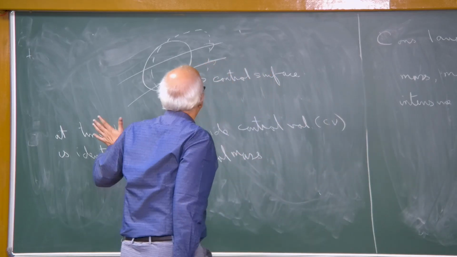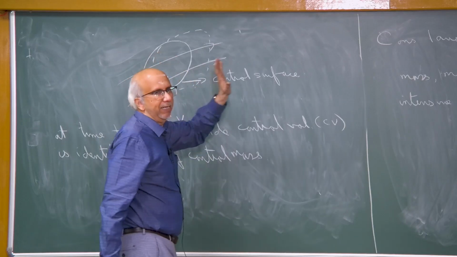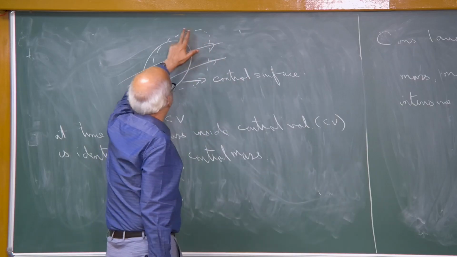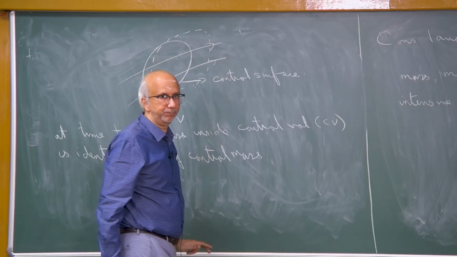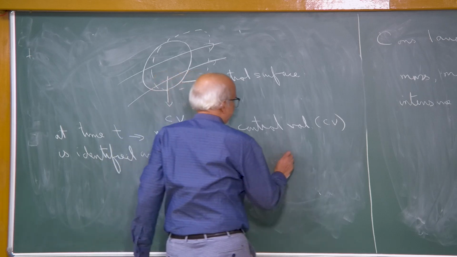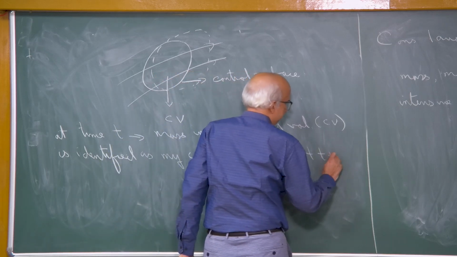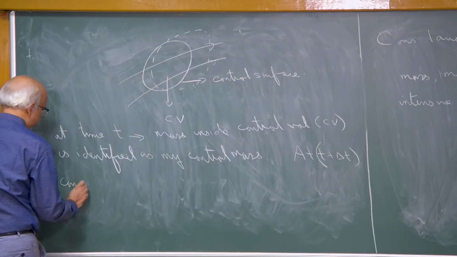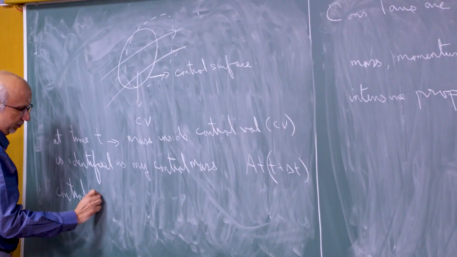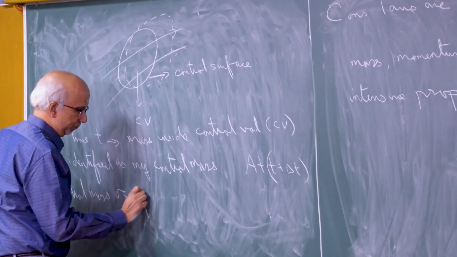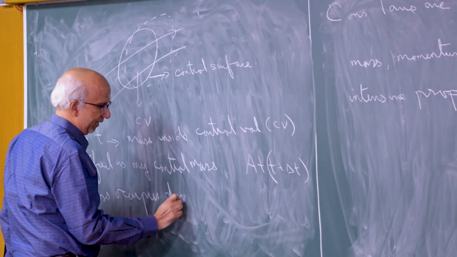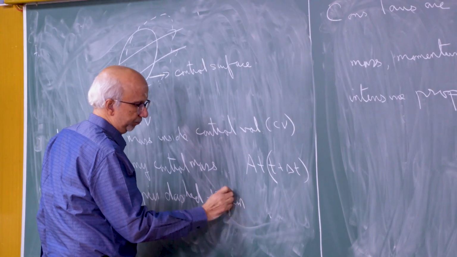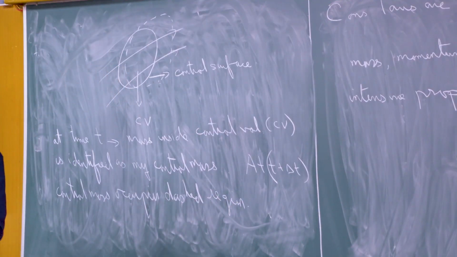So there is fluid flow. So whatever was inside at time t has moved out, and at t plus delta t the control mass occupies the dashed region. Now the same molecules I am talking about, okay.